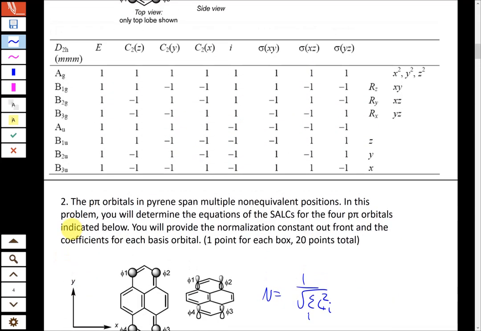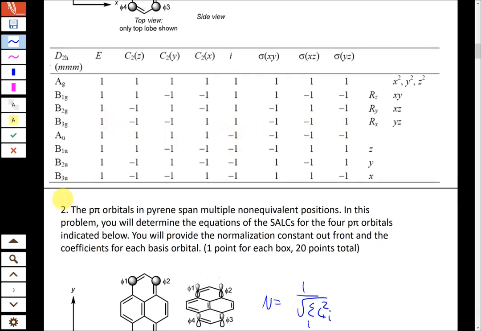For AU, the characters are 1, 1, 1, 1, and then minus 1, minus 1, minus 1, minus 1. So the first 4 are plus 1, the last 4 are minus 1.